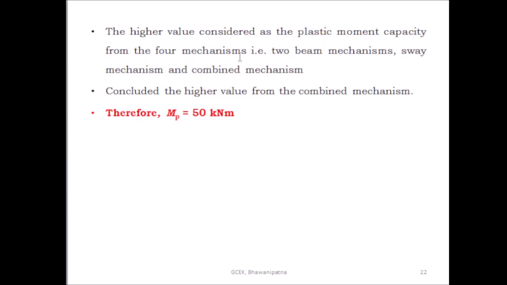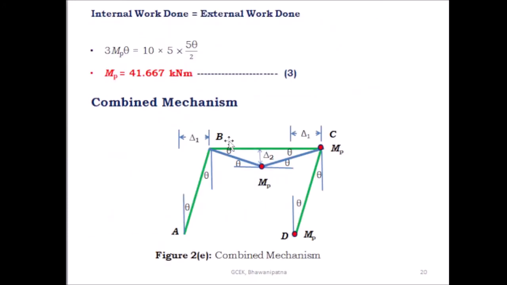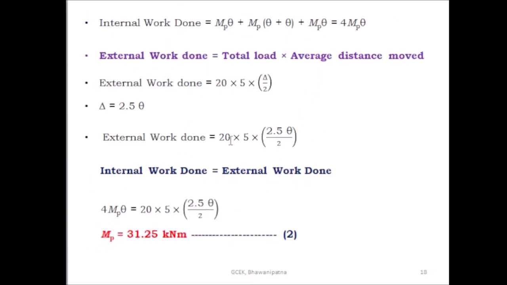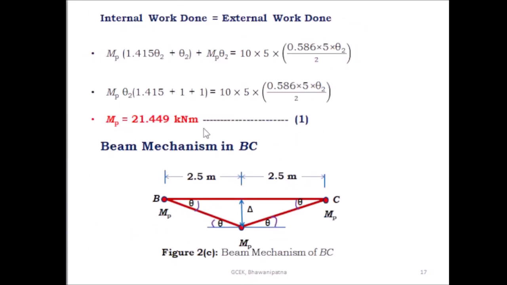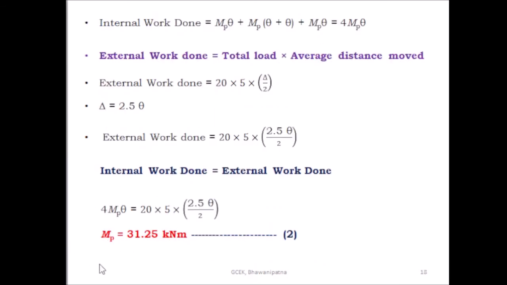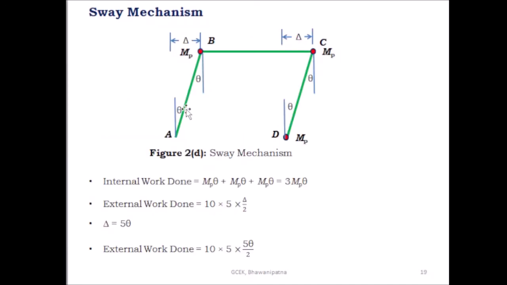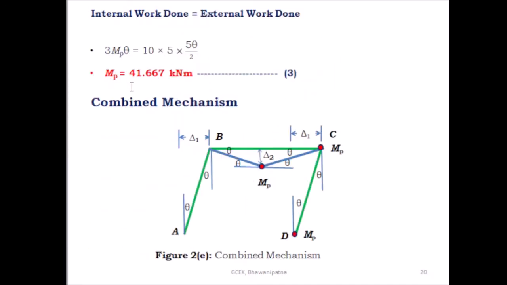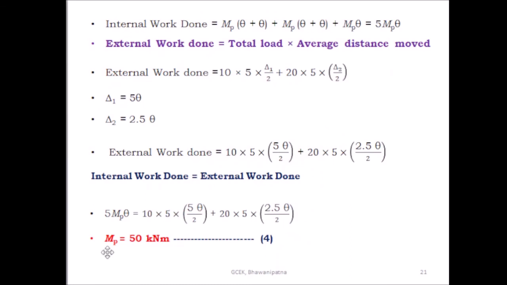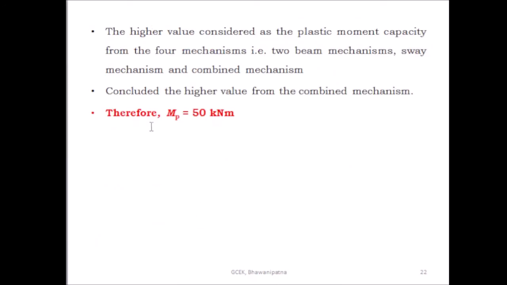From beam mechanism 1, 21.449 kilonewton meter, beam mechanism 2, 31.25 kilonewton meter, the sway mechanism 41.667 kilonewton meter, and from the combined mechanism 50 kilonewton meter. So you have to select 50 kilonewton meter as the plastic moment capacity of the portal frame. So MP is equal to 50 kilonewton meter.